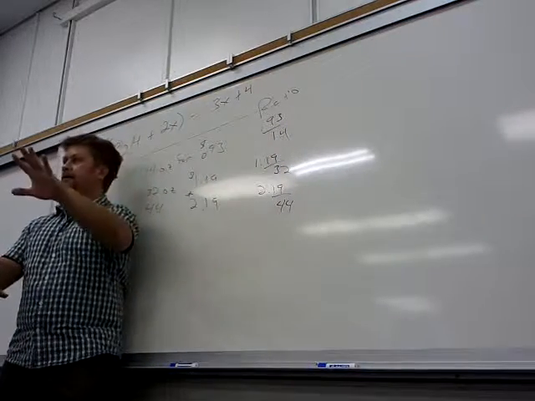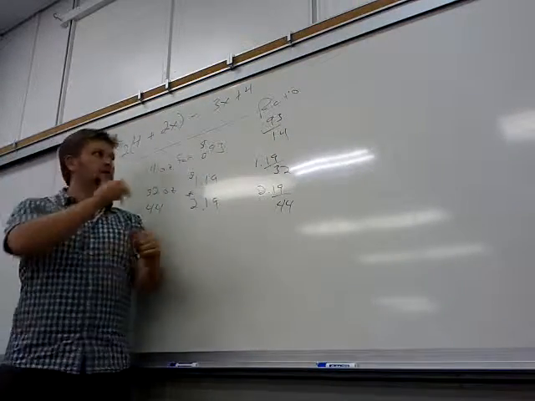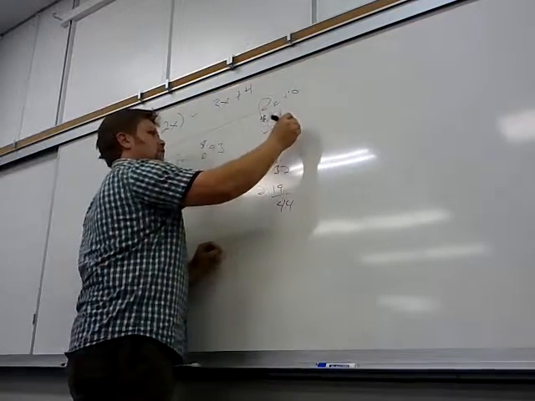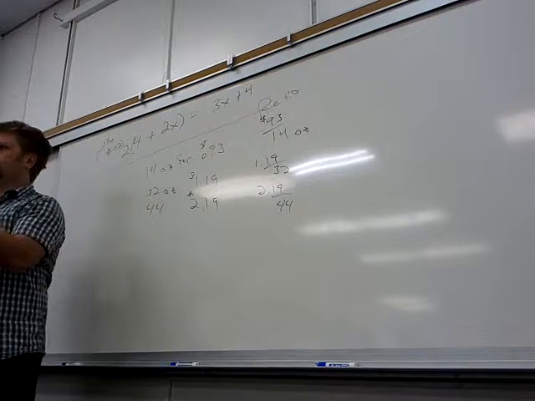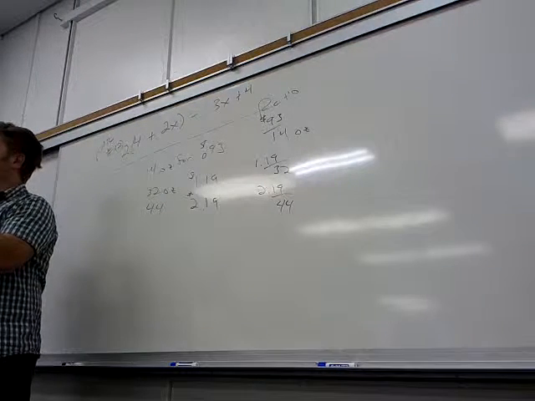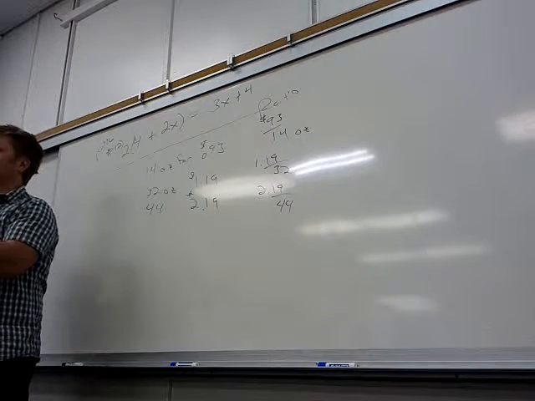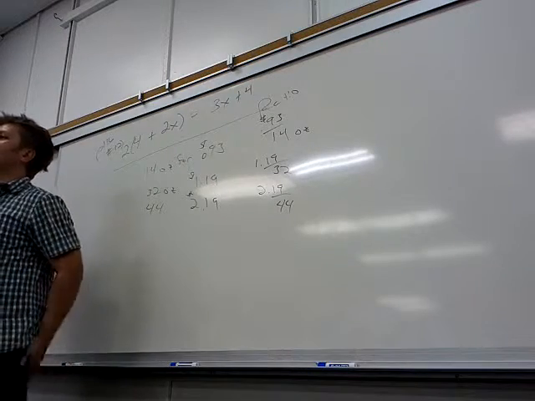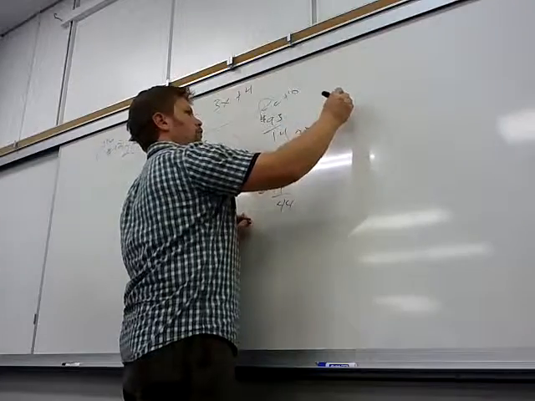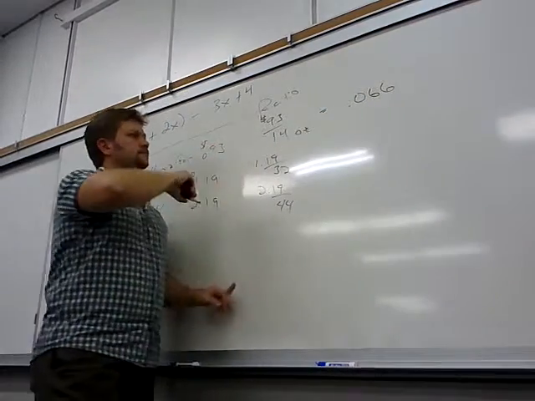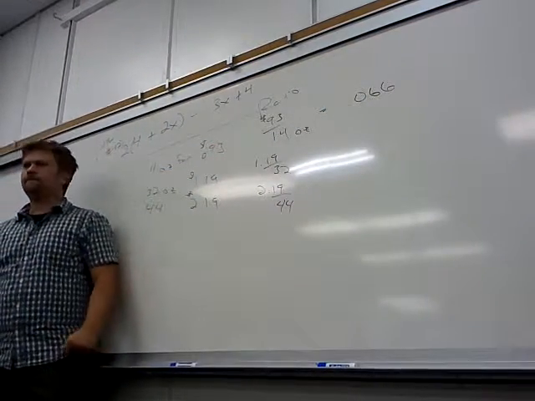So I'm going to end up with per ounce. This is money, dollars per ounce. What is 0.93 divided by 14? It's 0.066. Okay, sounds about right.